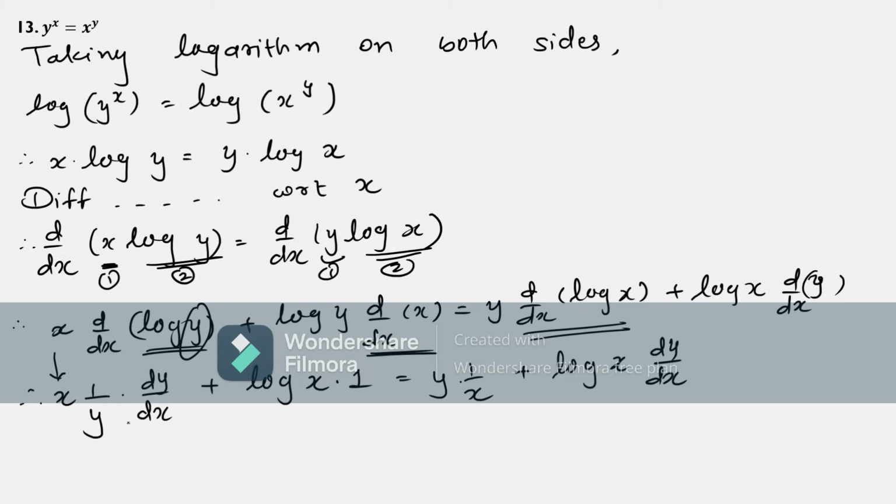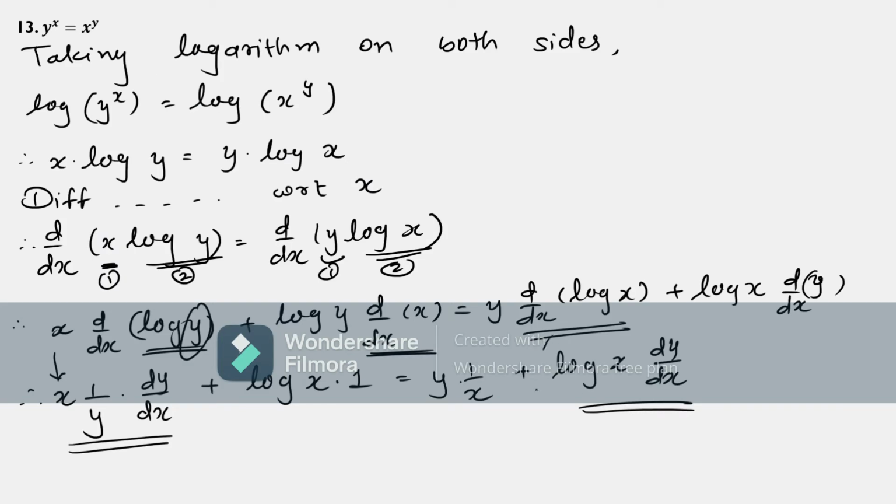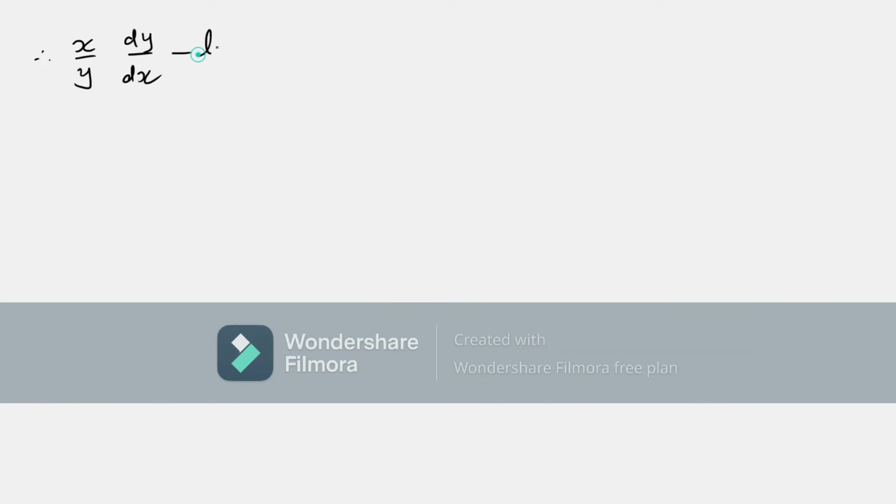And in this manner, I can again see that on the left hand side and right hand side, two terms are having dy by dx. Let us take these two terms on one side, the left hand side, and the other terms on the right hand side. So let me take this x by y thing which is on the left hand side only. Let me keep it at the left hand side. So x by y dy by dx, but from the right hand side, if I take this part to the left hand side, that means it will be minus log x dy by dx.